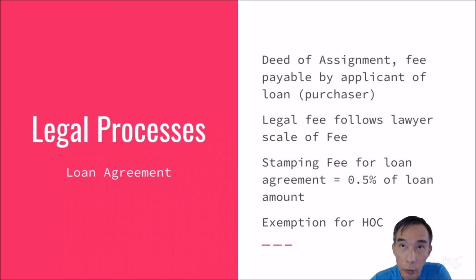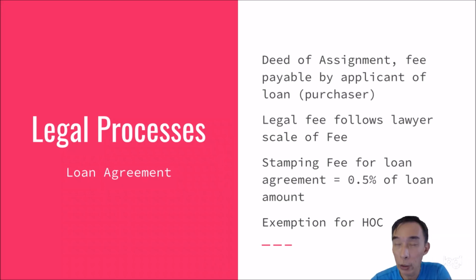That part refers to the sales and purchase agreement: the stamp duty adjudication for the sales and purchase agreement, and also the legal fee for the sales and purchase agreement, but it doesn't include the legal fee for the loan.